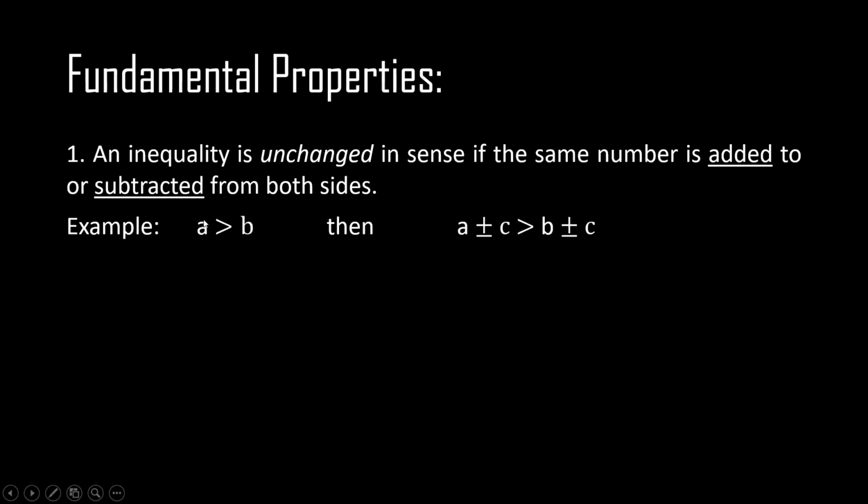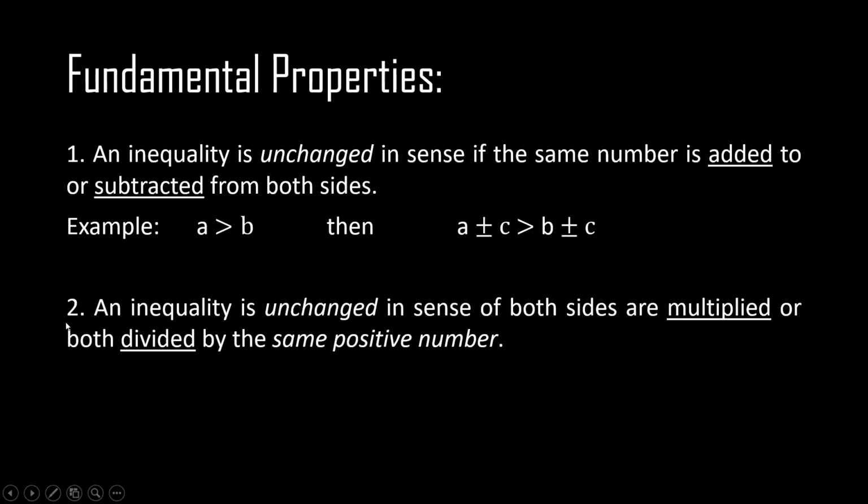For example, if A is greater than B, then A plus or minus C is greater than B plus or minus C. Whenever we add or subtract the same number in an inequality, the inequality is unchanged.